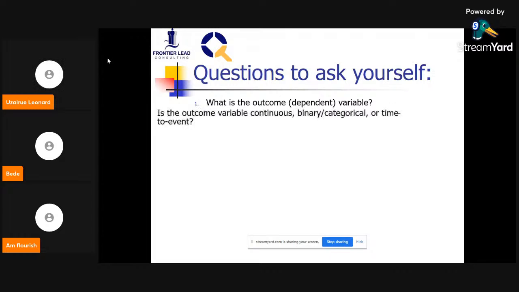Is it continuous, or is it qualitative or quantitative? When you answer that, the next thing you need to ask yourself is whether the outcome variable is continuous, binary or categorical. When we say binary, categorical, we mean yes or no, present or absent, and all of that.